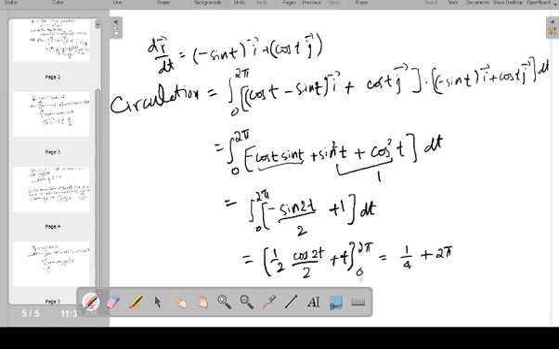Now what is cos 0? In the lower limit, cos 0 is 1 again. So it is again 1 by 4. So this 1 by 4, this 1 by 4 cancel, and the answer is 2 pi. That's it. Thank you.